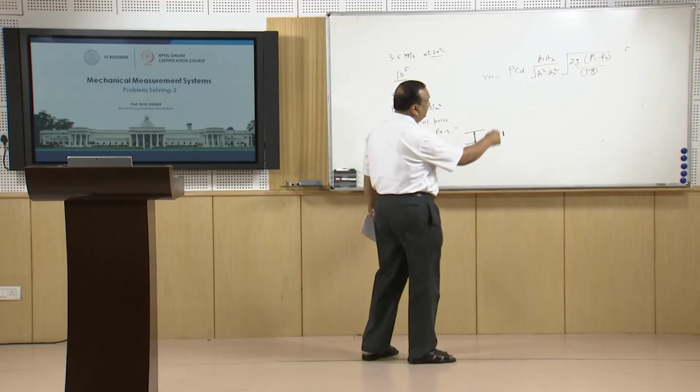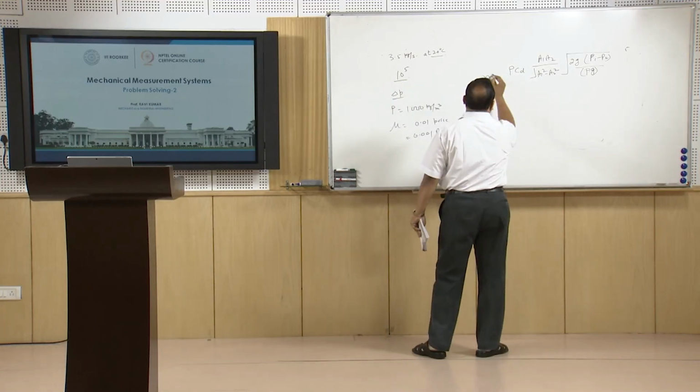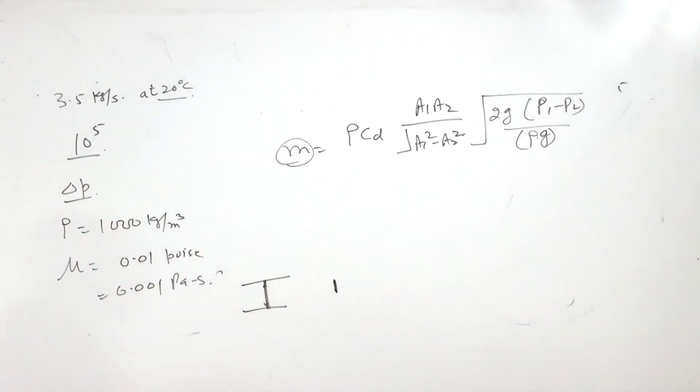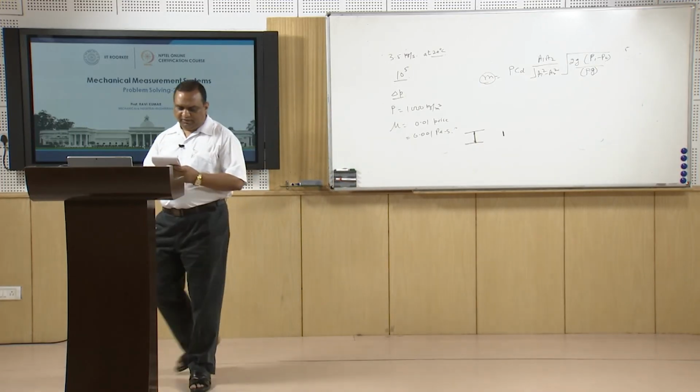So g and g will cancel. This is the actual mass flow rate from this venturi meter.